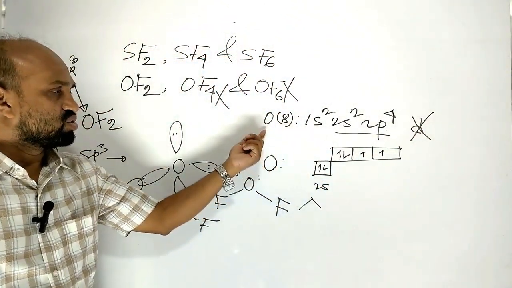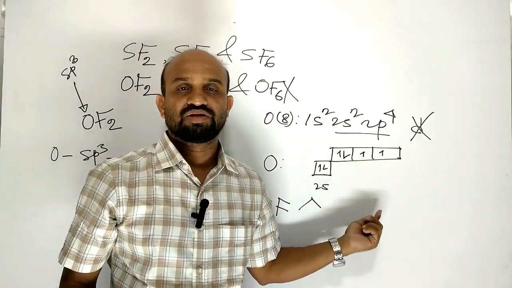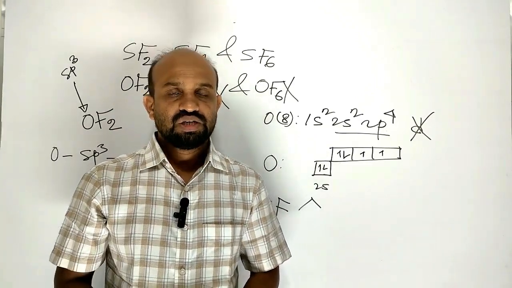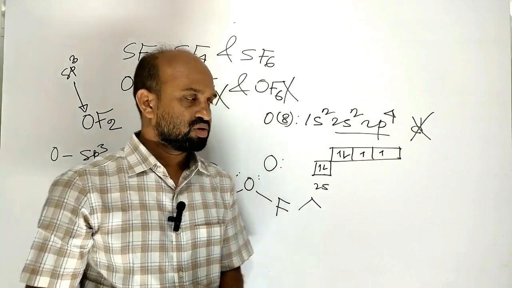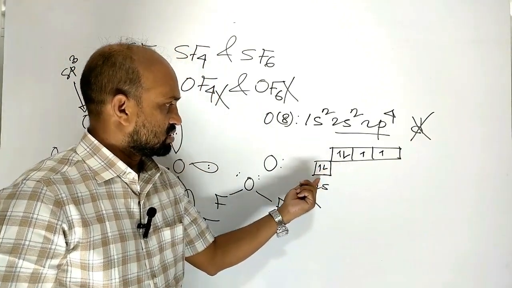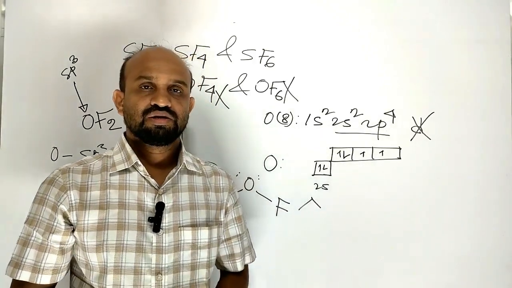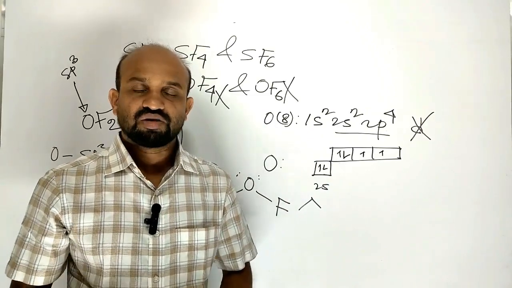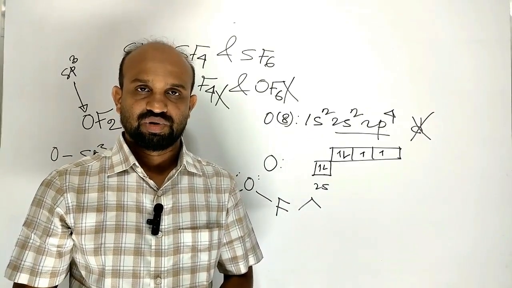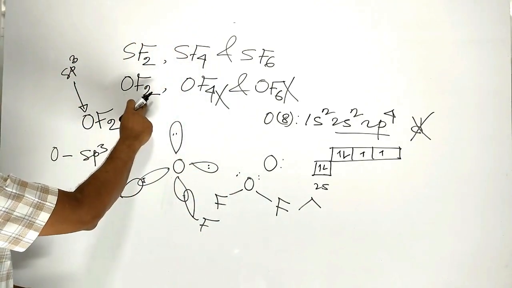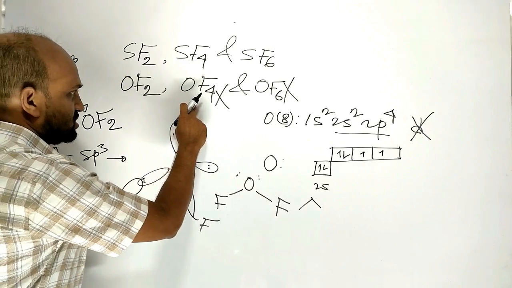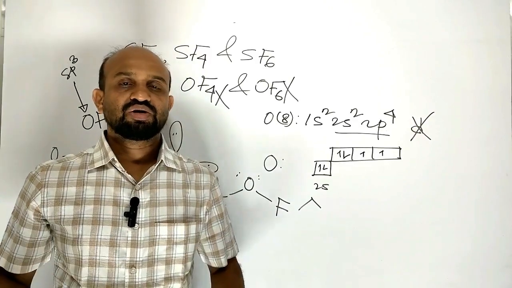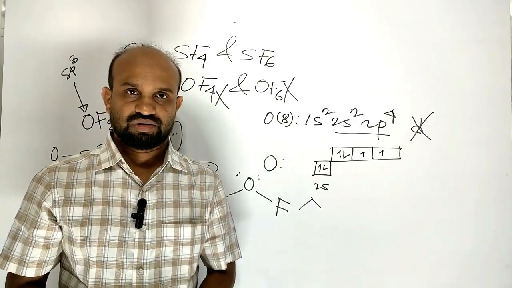So there is no scope to increase the number of unpaired electrons, because these electron pairs cannot break, as there are no vacant d orbitals like sulfur. So as oxygen has no vacant d orbitals, only oxygen difluoride is formed. But oxygen tetrafluoride and oxygen hexafluoride cannot be formed because of the absence of d orbitals.